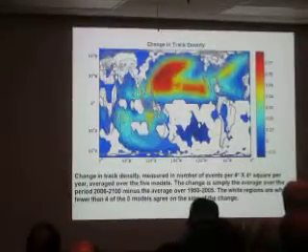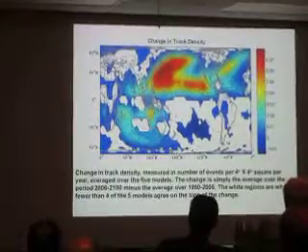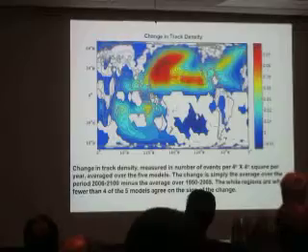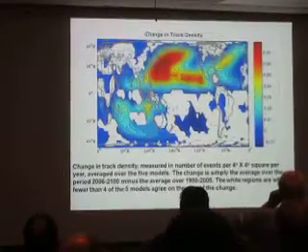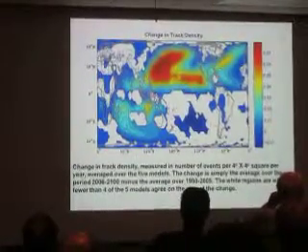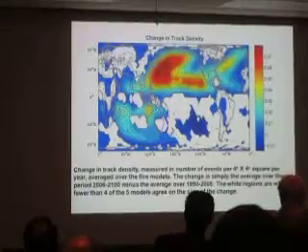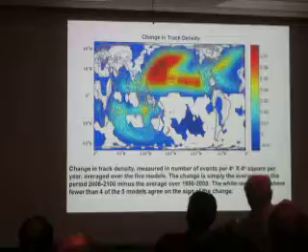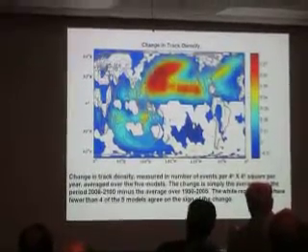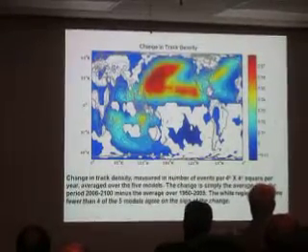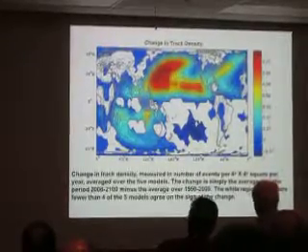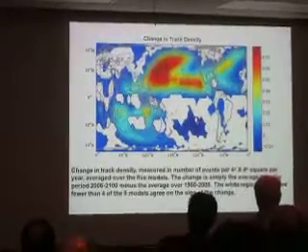This is the spatial distribution of the change in frequency with which tracks go through a 4x4 degree lat-long square. So most of the increase is in the Pacific, in the Atlantic, and some in the southern Indian Ocean. Where it's white is where fewer than 4 of the 5 models agree on the sign of the change. So it's a weak statistical significance test that fails in these white regions.